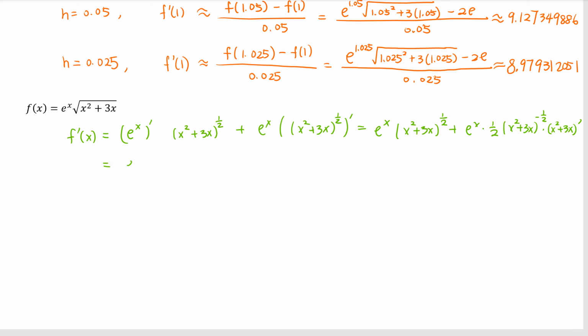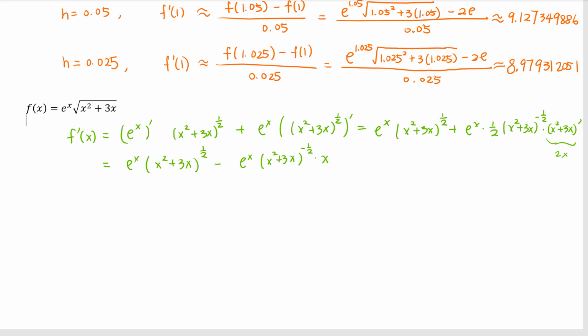And let's see, this is e to the x, and then x squared plus 3x to the 1/2. And then here, what is this guy prime? Well, it's just 2x, right? And the 2 and the 1/2 cancel. So we have e to the x, and then x squared plus 3x to the minus 1/2. And then there's x there. So far, so good, everybody?